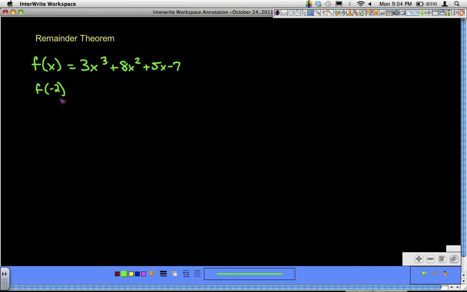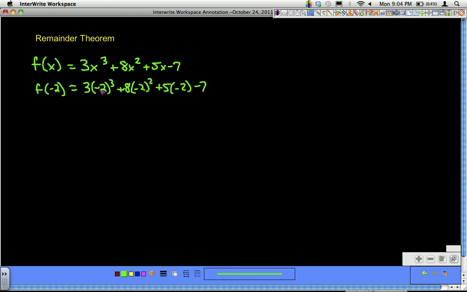Still seems pretty harmless, because all this does, using our function notation, is tell us negative 2 is our input. We're going to plug it in and see what our output is. So all of a sudden we can just substitute negative 2 in everywhere we see x. And it should be a problem you could handle.